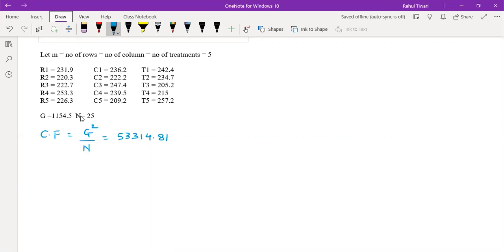And after that, you need to calculate this value, summation over i, summation over j, summation over k, Yijk square.